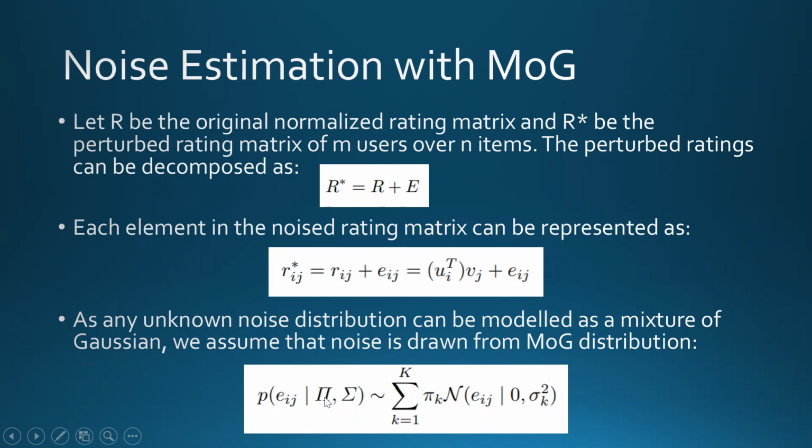Here sigma k is the variance of the Gaussian component k, and pi k is called the mixing proportion, which indicates how much a particular Gaussian component plays a vital role in generating this noise distribution.